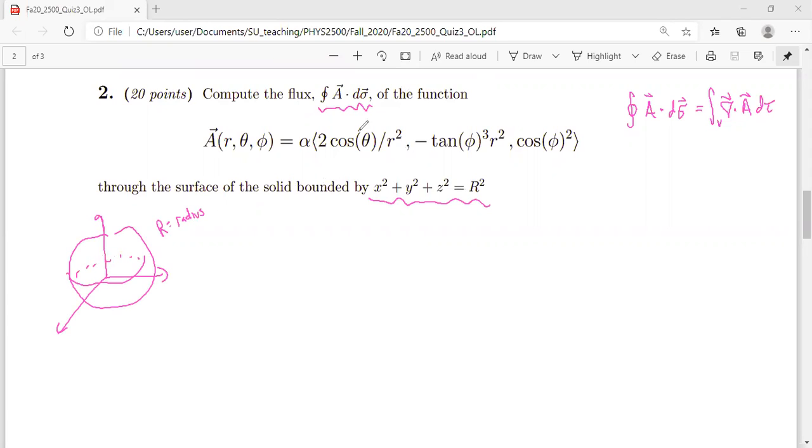Okay, and what is the surface element of such a surface? So it's a little piece that looks like this, and it points in the r hat direction, right? No matter where I am on the surface, I'm going to point in the r hat direction.